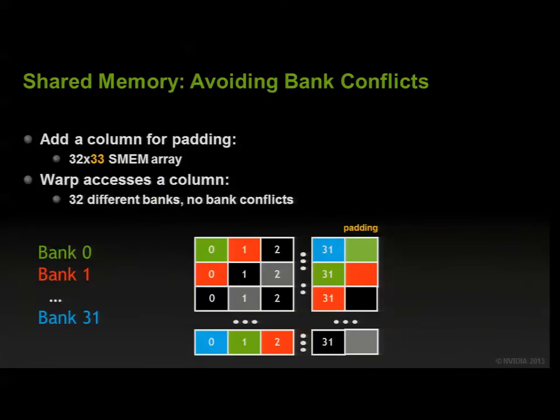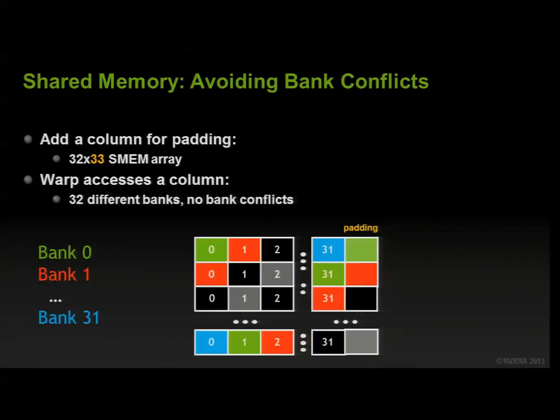Again, it's one of those optimizations that I probably wouldn't immediately spend a whole lot of time on. The profiler will also tell you that you might have shared memory bank conflicts. It can actually tell you how many when you run the application. So you don't need to do any tea leaf reading. You can just base your assessment on these numbers and see, oh, I actually have a huge amount of shared memory bank conflicts.